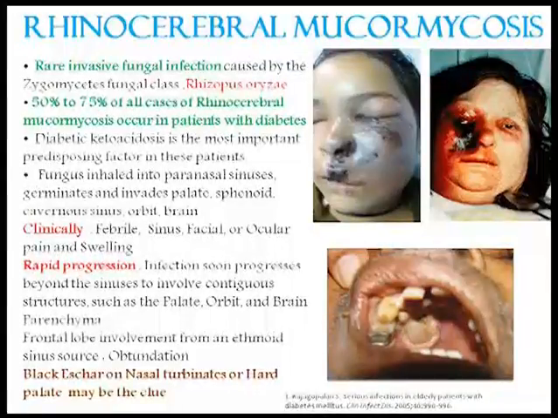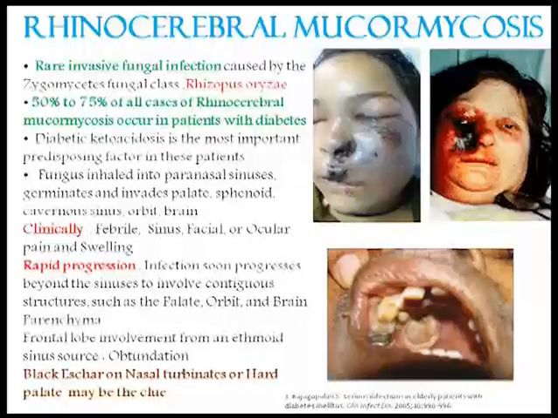The first unique or peculiar infection in diabetes is rhinocerebral mucormycosis. It's an invasive fungal infection belonging to the Zygomycetes group, Rhizopus oryzae. What happens is the fungus is inhaled through the nasal turbinate, and it starts invading through the sphenoid sinus and into the frontal lobe, cavernous sinus and so on.